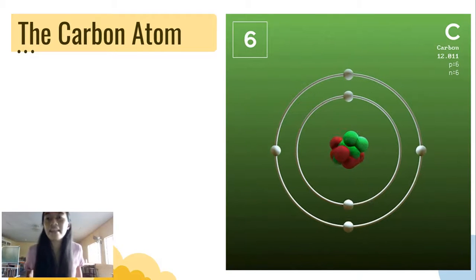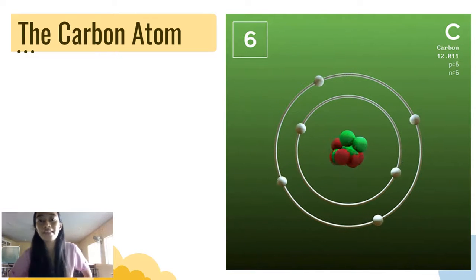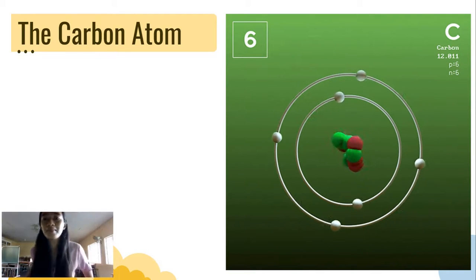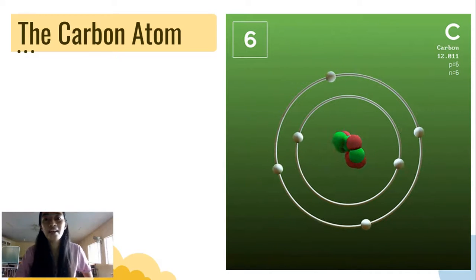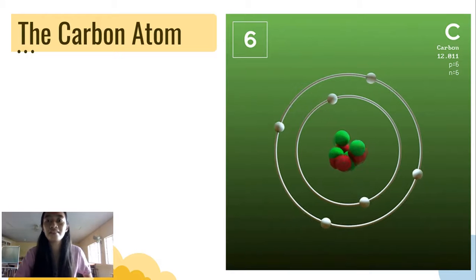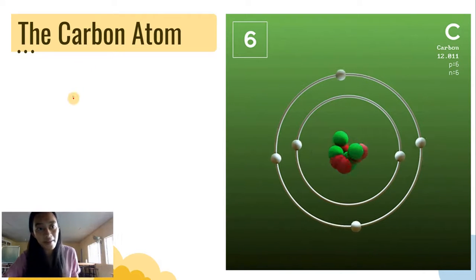And it has to be 8. So it needs 4 more for it to be stable. So to be stable, it gets electrons from other elements that it bonds with. So it is forming a type called covalent bond.